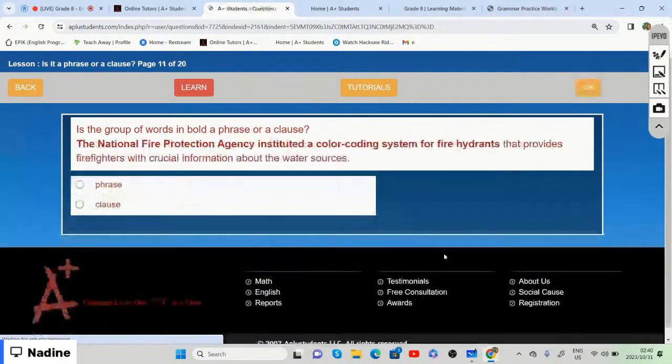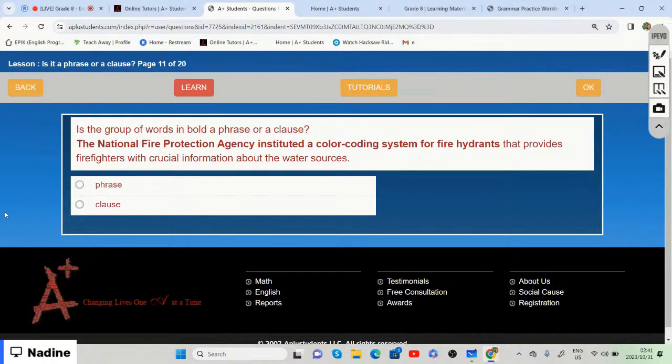All right. And the National Fire Protection Agency instituted a color coding system for fire hydrants that provides firefighters with crucial information about the water sources.